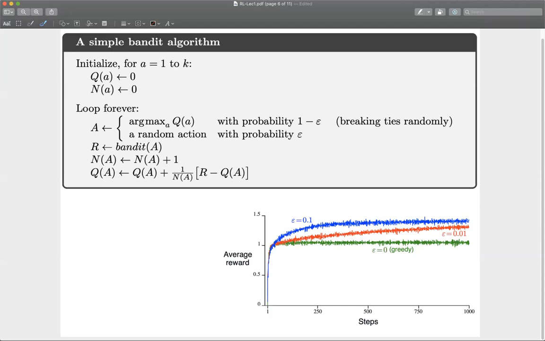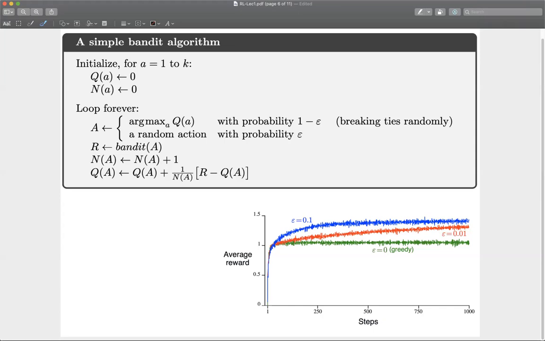I pulled arm A, so increment the counter by 1, and now let's update the value for that arm using the equation from before. So it's my old value plus the error, the current return for pulling that arm minus my previous estimate, times 1 over n. This is the nth time that I've pulled that arm.